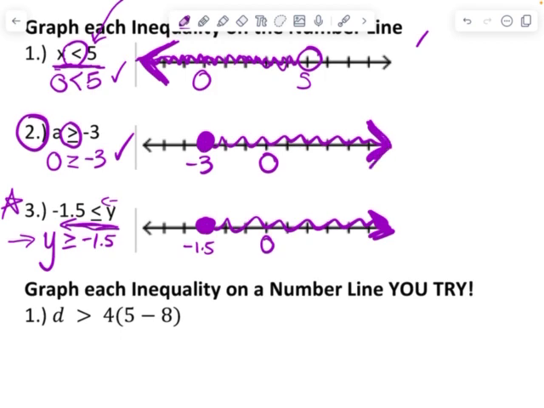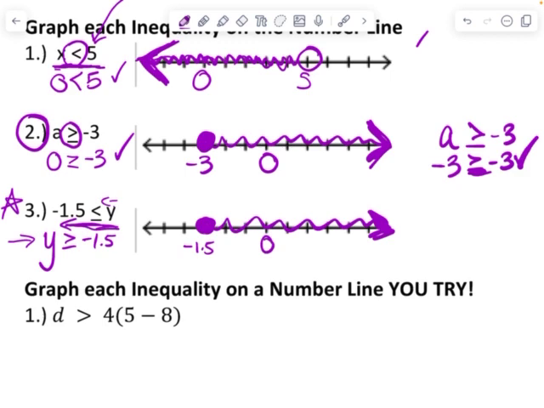Okay. And the reason that these closed points are indeed closed is because that endpoint, that value that the point is at, which for number 2 is negative 3, makes the inequality a true statement. So let's just look at that. a is greater than or equal to negative 3. Well, if I plug negative 3 in, negative 3 is greater than or equal to negative 3.